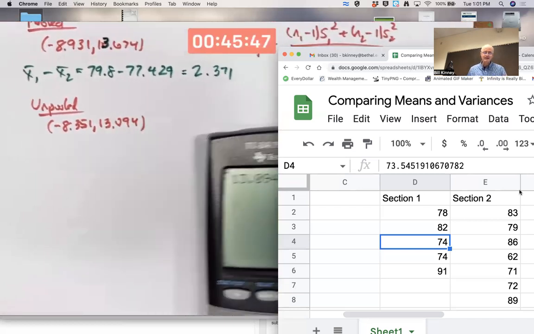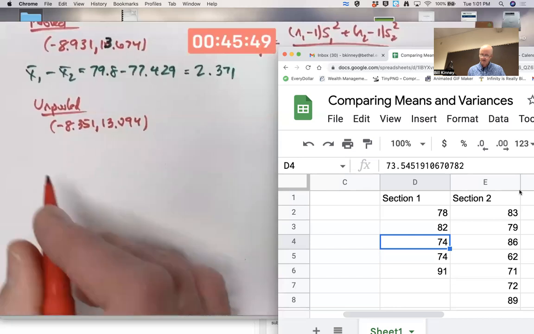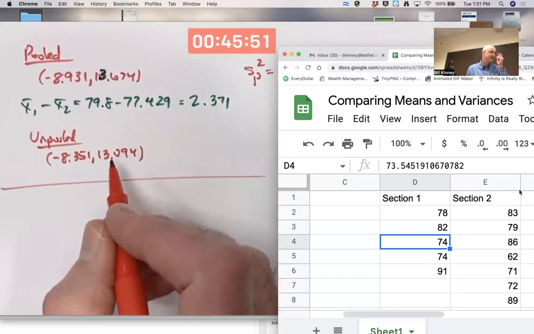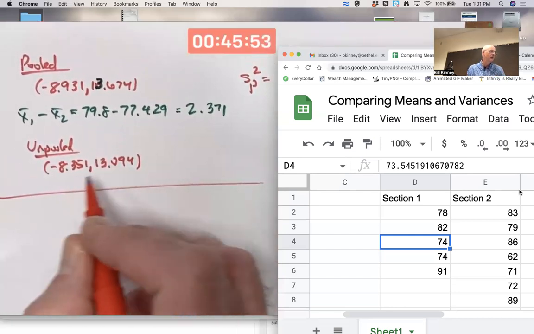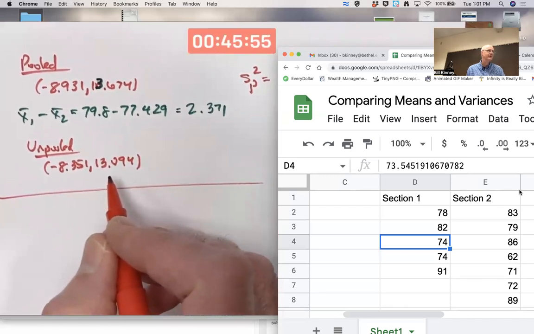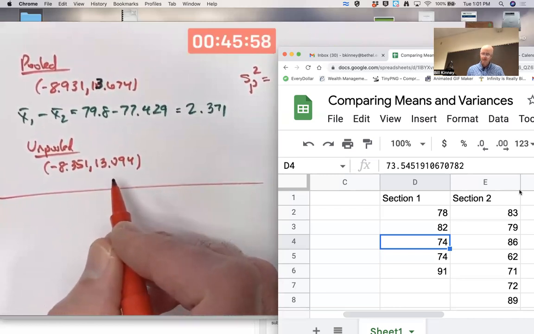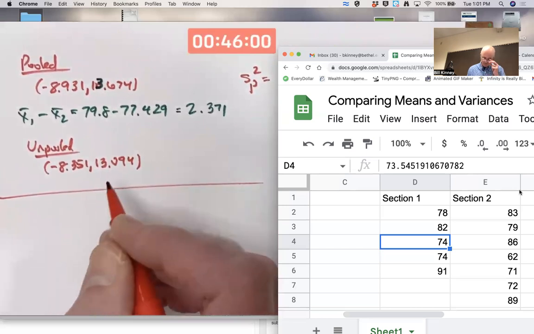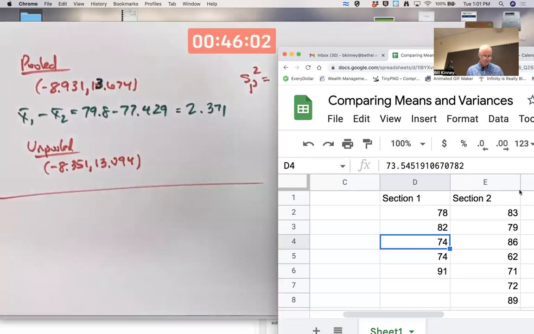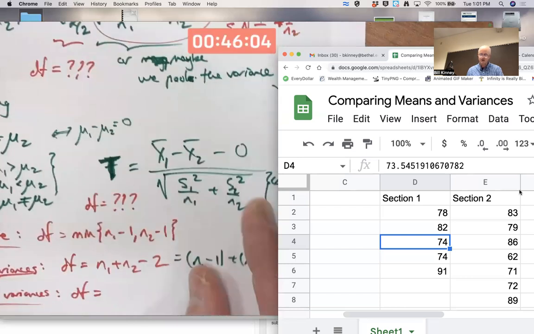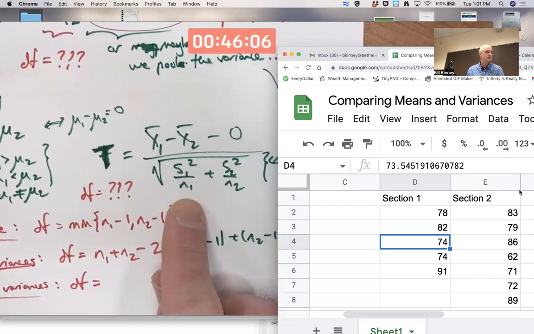What about hypothesis testing? So in both cases, the final conclusion is the same. We've got both negative and positive numbers in the interval. We don't have much evidence that mu1 and mu2 are different. Again, there's the t-statistic you use.